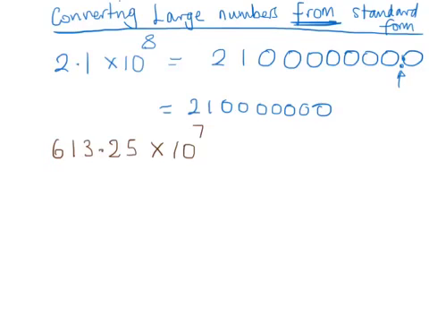But anyway, if we're going to convert this into a normal number, then we need to move the decimal point how many times? Look at the power, 7 times. So we're going to need to move this 7 times from where it is to the right to make it into a bigger number. 1, 2, and then we need some noughts because otherwise we're going to run out of space.